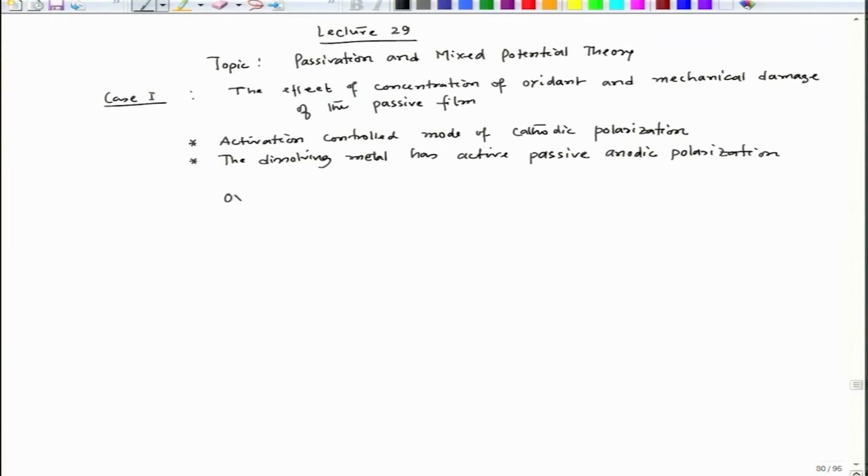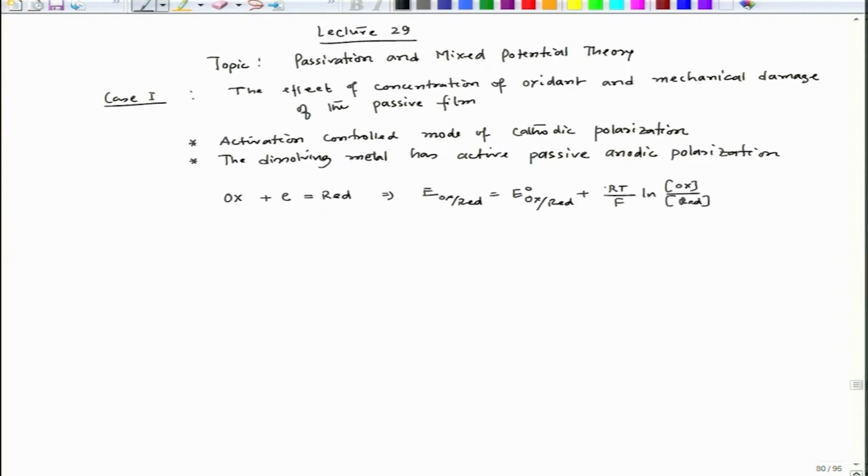Let us say the oxidant is OX plus e equal to reductant, and then the corresponding E ox by red equal to E naught ox by red plus RT by F, since here we are considering one electron, ln concentration of ox over concentration of red.